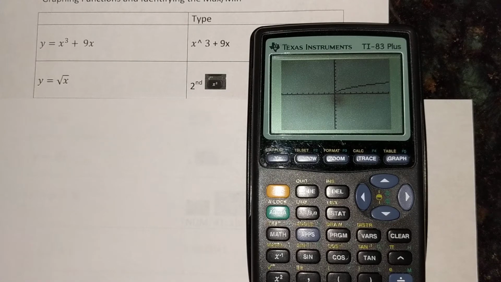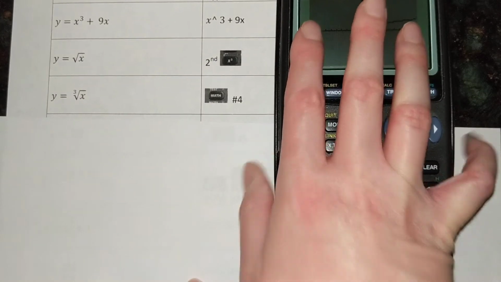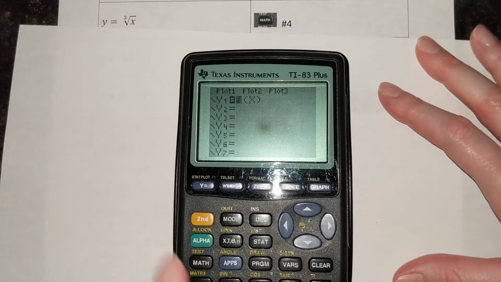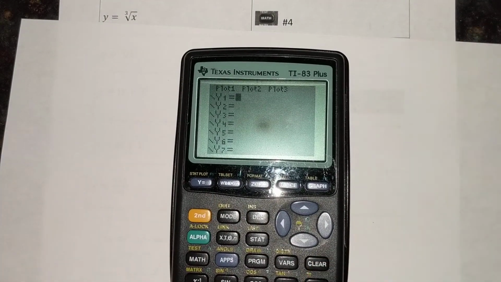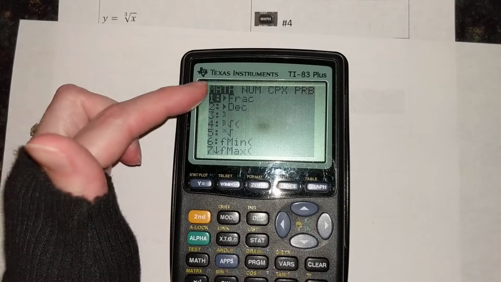Now, if you have a radical such as a cube root, then what you would need to do on the TI-83 is use the math button followed by number 4. So what we would do here is we would hit our Y equals, clear whatever we currently have there, and then hit math. And when you hit this math button, you're going to see a list.